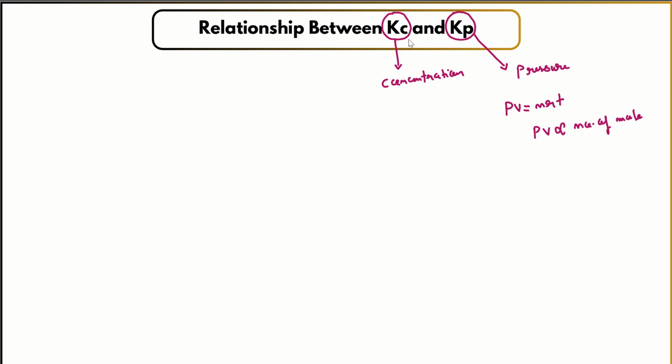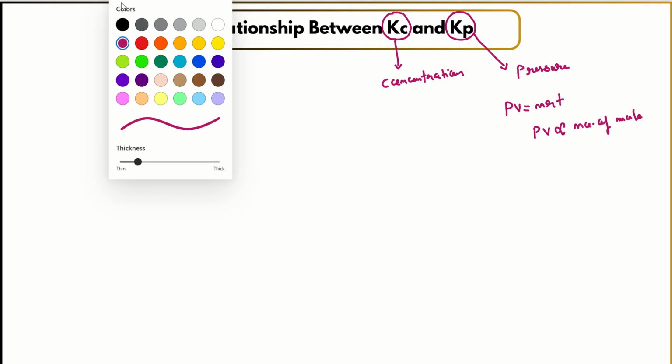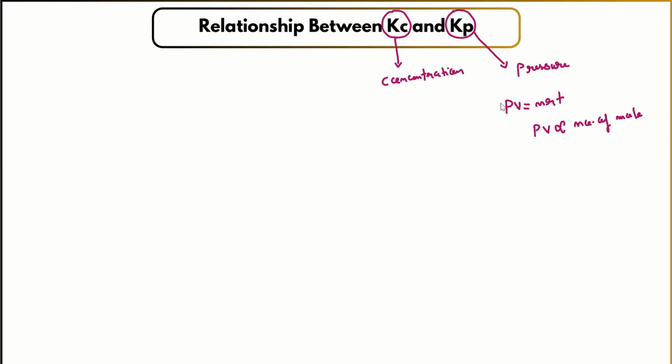So pressure into volume is directly proportional to concentration. That's why, since we know PV is equal to nRT, we can denote equilibrium constant in the form of pressure also apart from concentration.